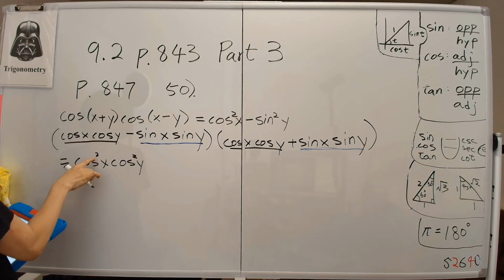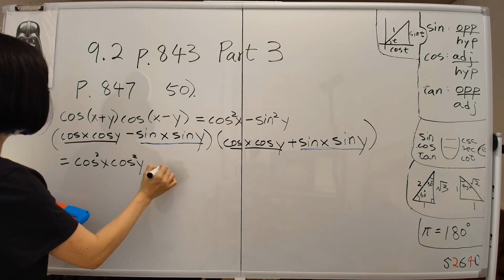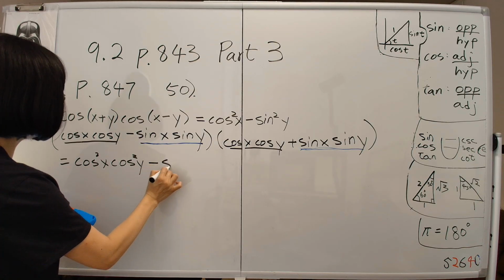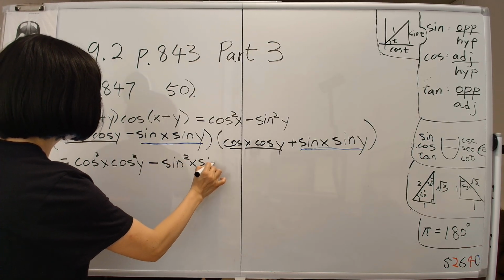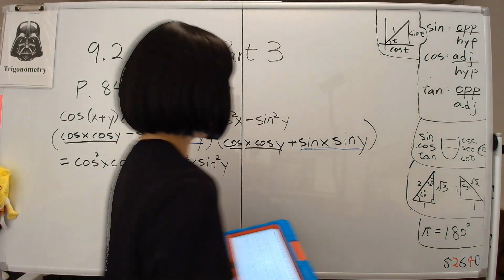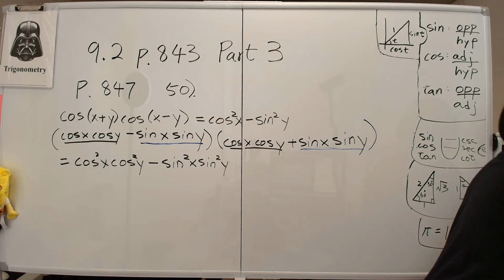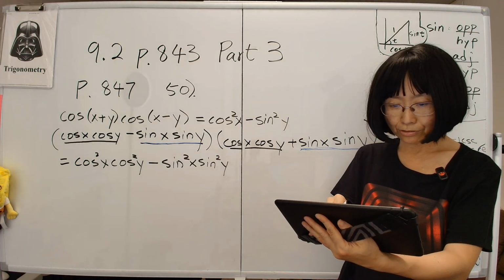Now, remember this square means the whole entire cosine x got squared, and same with the cosine y. Minus sine squared x, sine squared y. So that should be good, okay? And then what are we supposed to do again? Let me see.